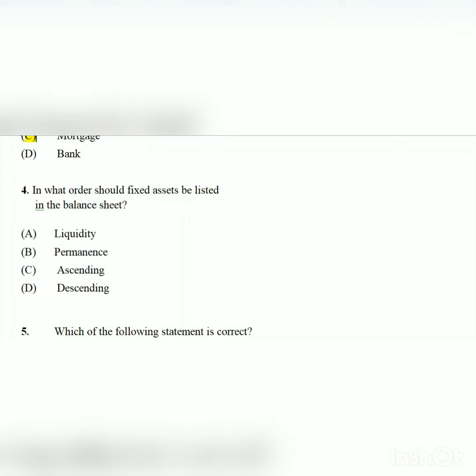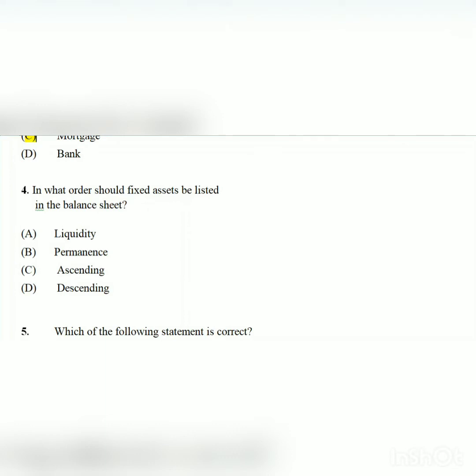Now, liquidity refers to how quickly an asset can readily turn into cash, while permanency refers to the longevity of the assets. Now, usually the assets on the balance sheet are arranged in order of permanency, as it relates to those assets that are bought to be used in the business.